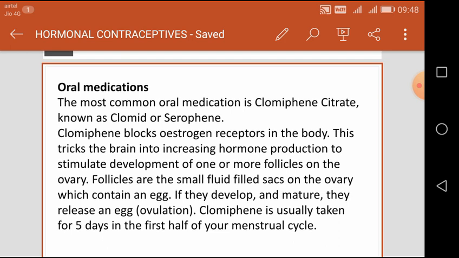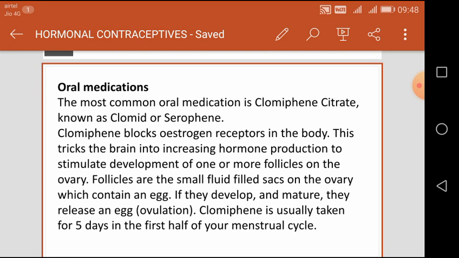Okay. Then coming to the oral medications, the most common oral medication is clomiphene citrate, known as Clomid or Serophene. This clomiphene blocks the estrogen receptors in the body. So what is the action of estrogen receptors?